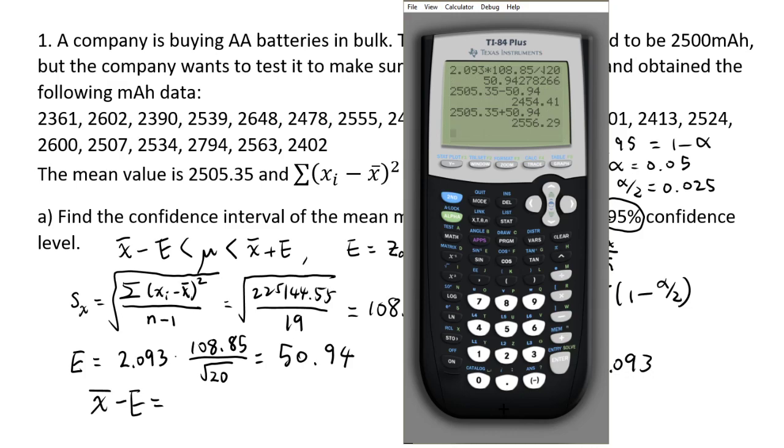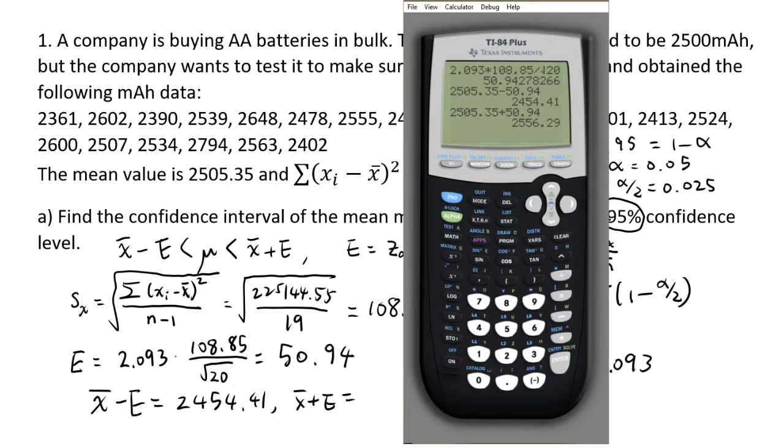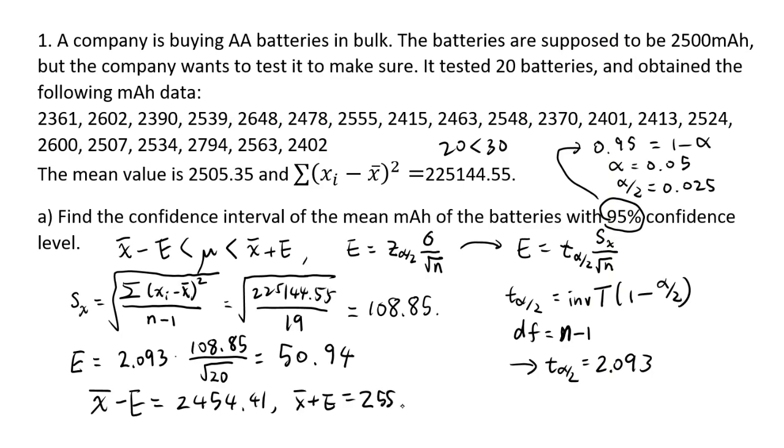Those are the two values: x bar minus E is 2454.41, and x bar plus E is 2556.29. Therefore the answer is that the population mean is between those two values, 2454.41 and 2556.29.